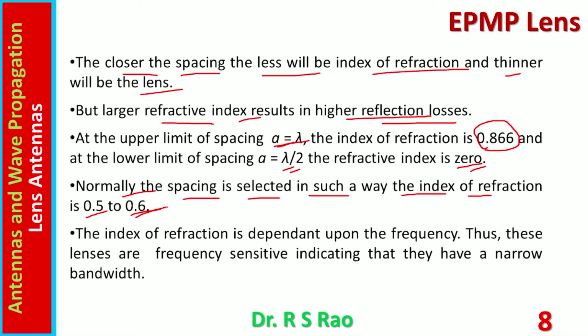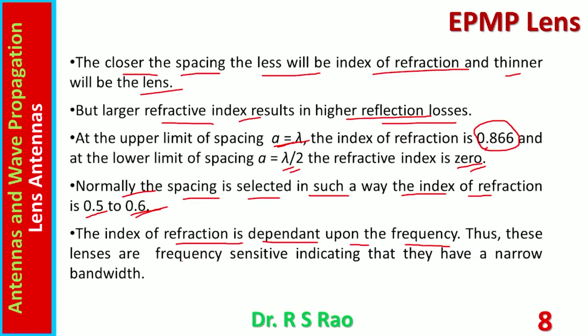Here it is 0.5 because these are fast lenses. So the wave travels speedily in these EPMP lenses, faster than outside the lens medium. The index of refraction is dependent upon the frequency.